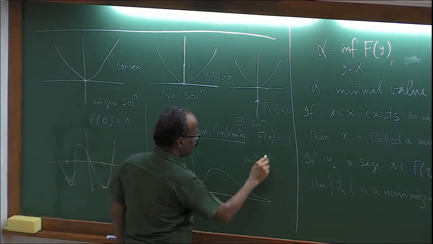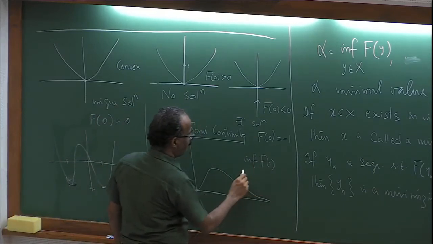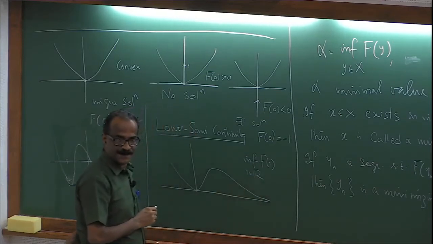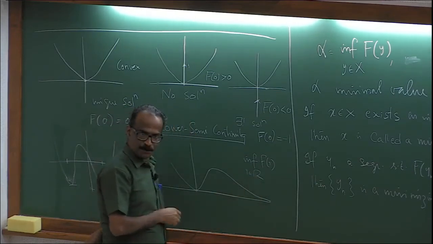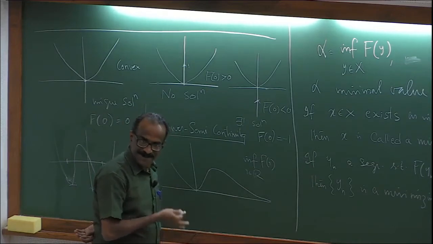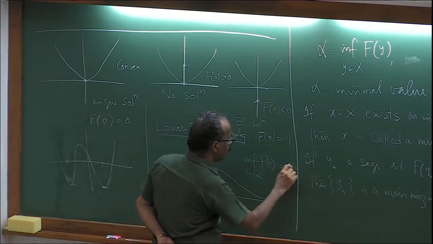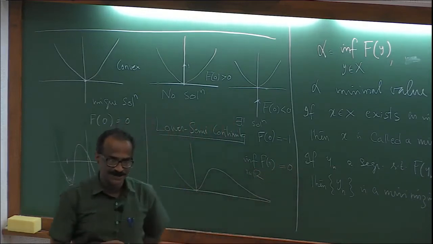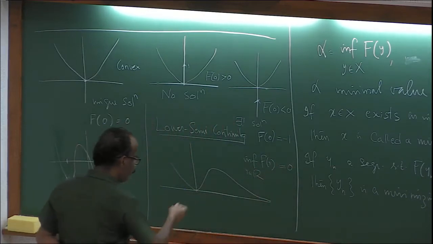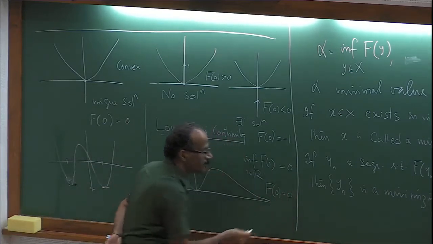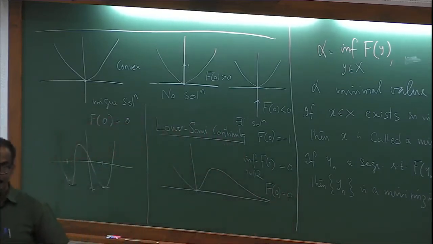What is the infimum of f(y), y in R? Obvious, right? Tell me. 0, right? So that is okay, but does it have a solution or not? Of course, f(0) is equal to 0. So it has a unique solution.